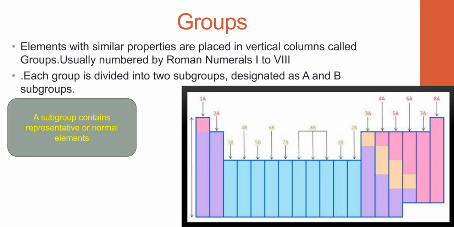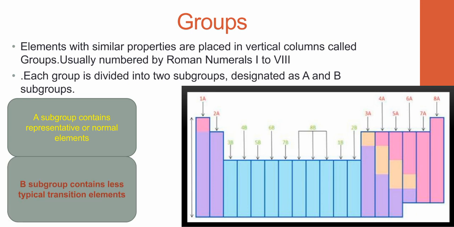A subgroup contains representative or normal elements. Normal elements जो हैं, ये ऐसे elements हैं जिनके जो valence electrons होते हैं, they are in s and p orbitals.